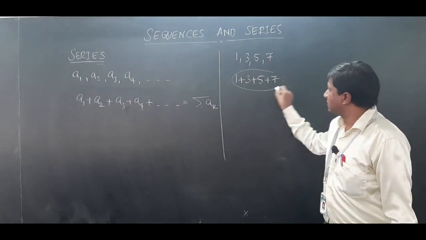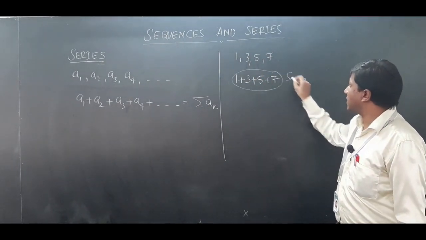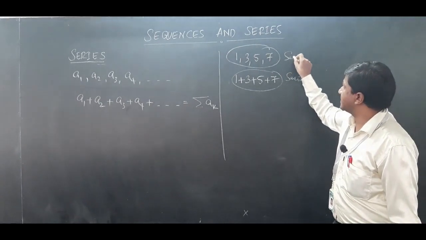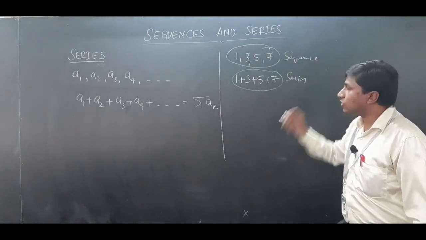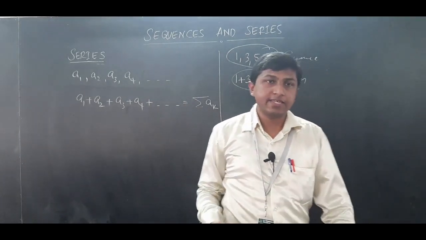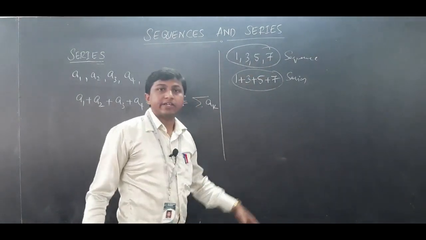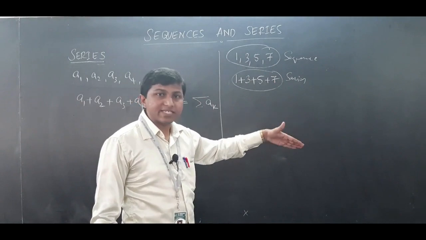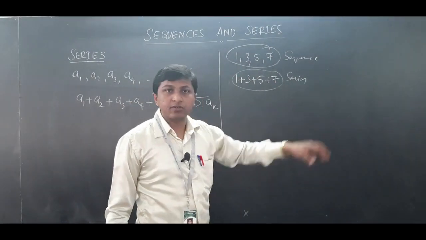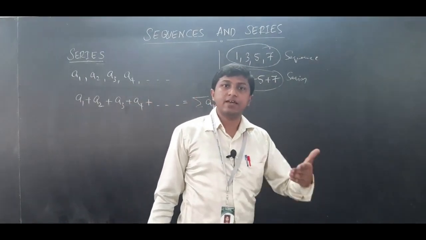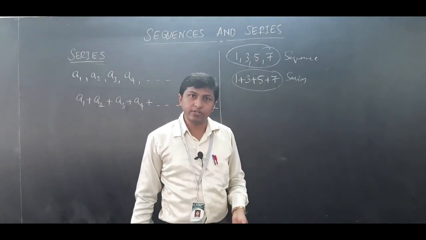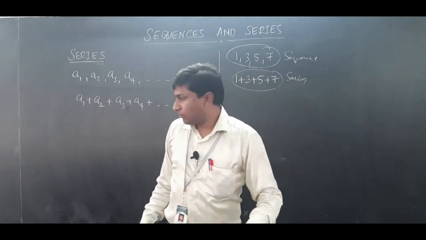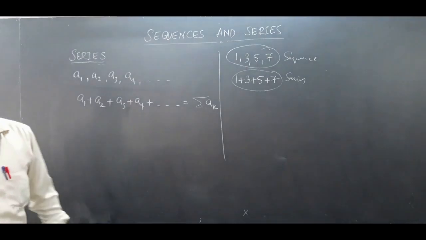So, this is the series associated with this sequence. So, whenever you have to define a series, you must first of all take a sequence of numbers, replace the commas with the plus sign. That expression is called the series associated with that particular sequence. Okay. Moving forward, we will solve some problems.